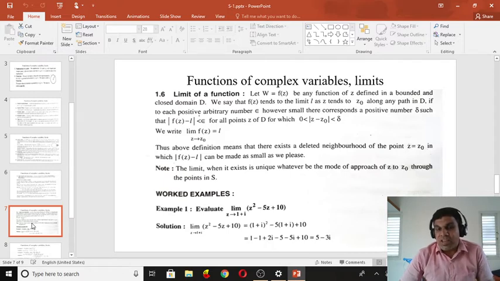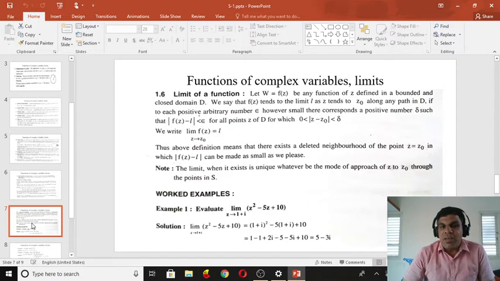Once again I write, let w equal to f of z be any function of z defined in a bounded and closed domain D. We say that f of z tends to the limit L as z tends to z naught along any path in D, if for each positive arbitrary number epsilon, however small, there is a corresponding positive number delta, such that mod f of z minus L is less than epsilon for all points z of D for which 0 less than mod z minus z naught less than delta.